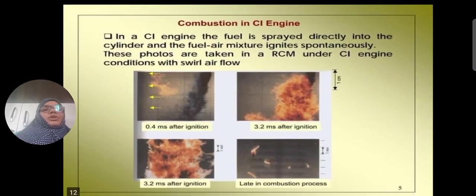And this is combustion in CI engine. In a CI engine, the fuel is sprayed directly into the cylinder and the fuel-air mixture ignites spontaneously. These photos are taken in an RCM under CI engine conditions with swirl air flow.